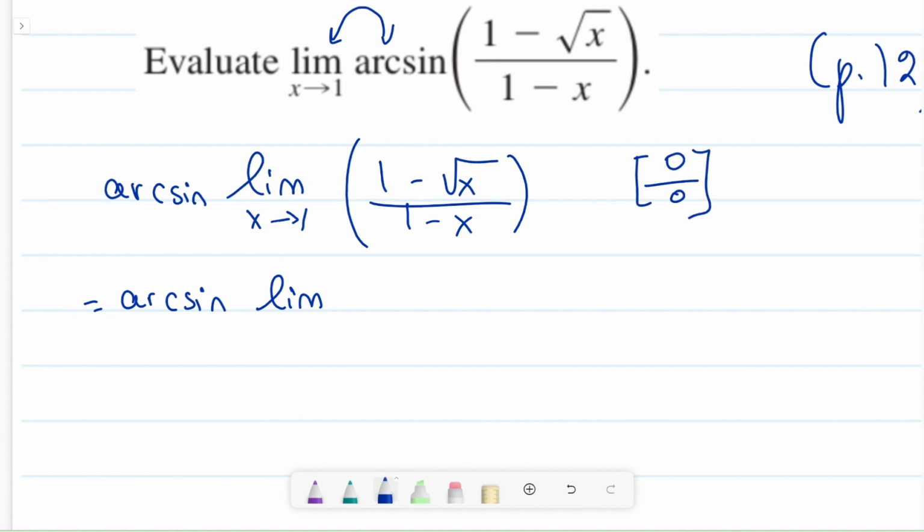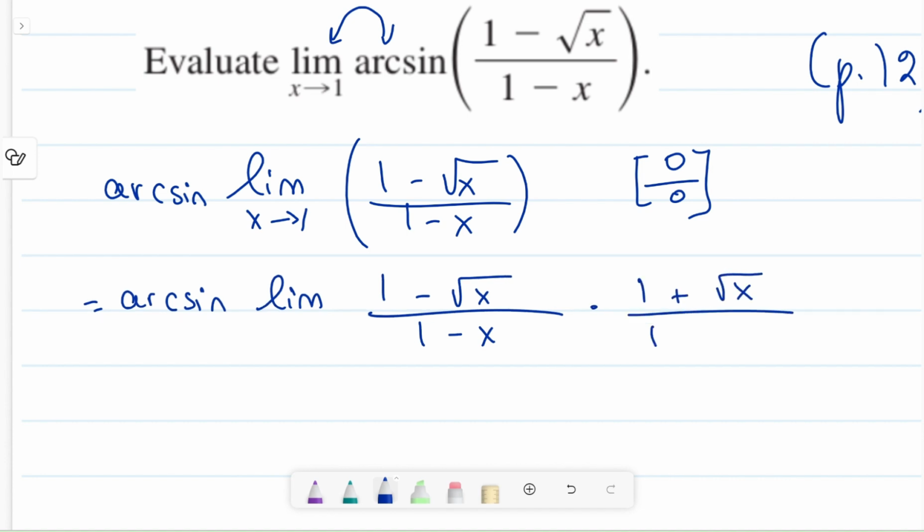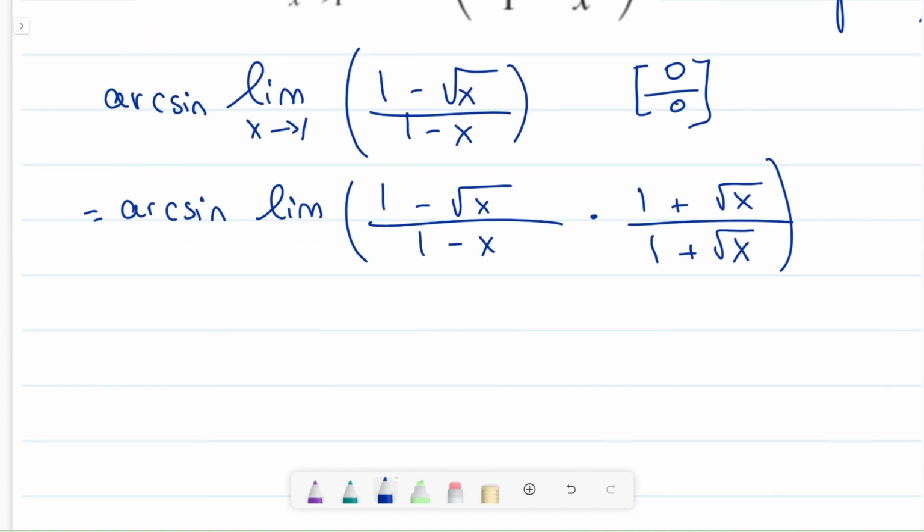So whenever we have 0 over 0, let us rationalize. So we can multiply this by 1 plus square root of x in the numerator and in the denominator. So this gives us, in the numerator, 1 minus square root of x times 1 plus square root of x is 1 minus x.